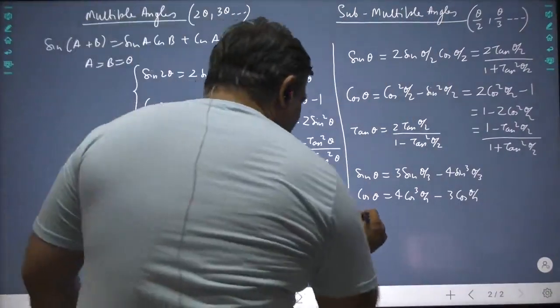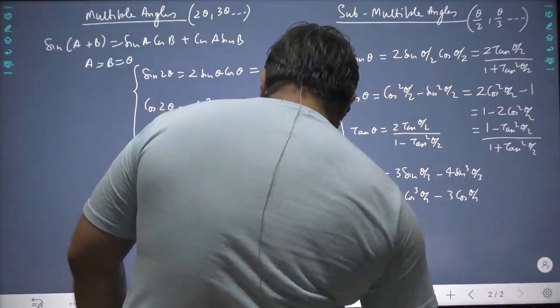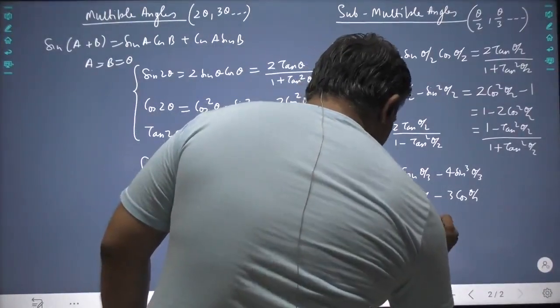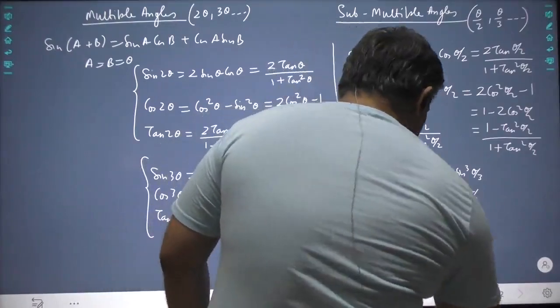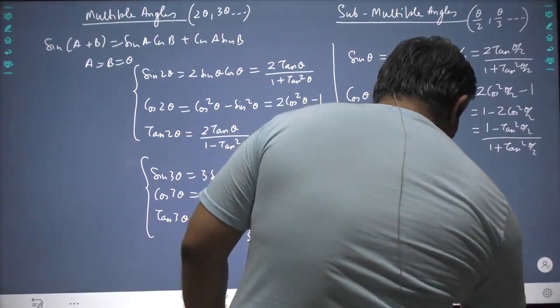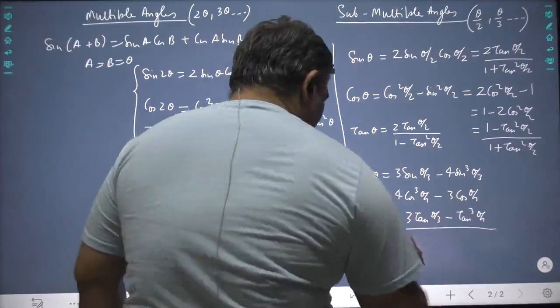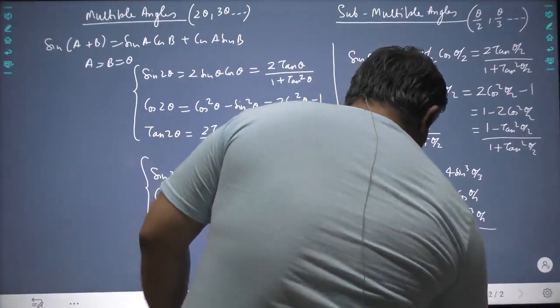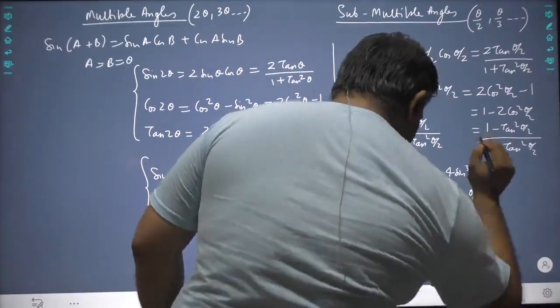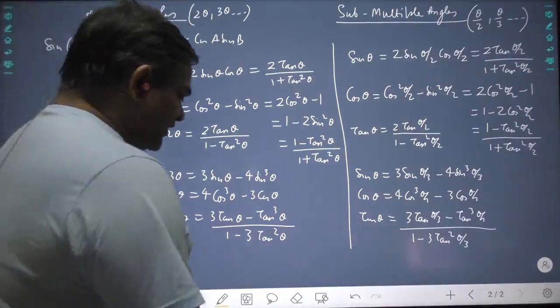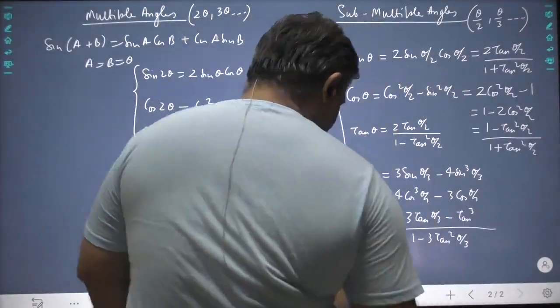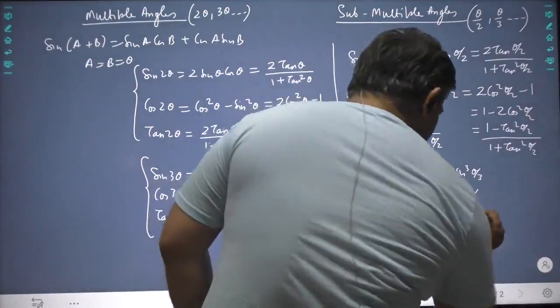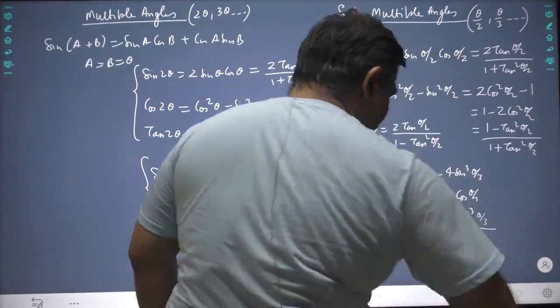Similarly, tan theta can be written down as (3 tan theta by 3 minus tan cube theta by 3) upon (1 minus 3 tan square theta by 3). Is this thing clear to you all? Say yes.